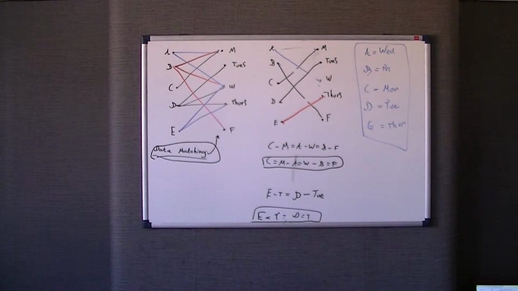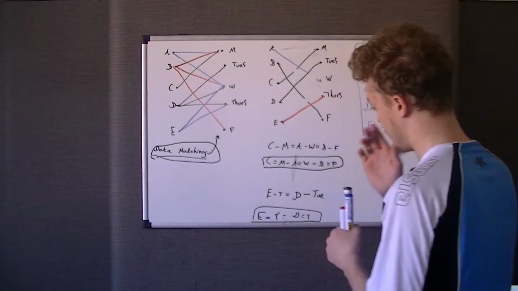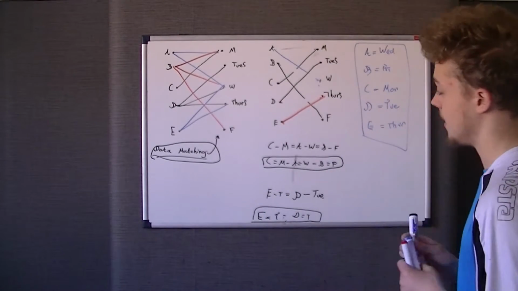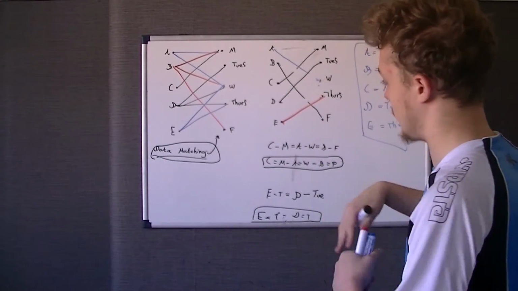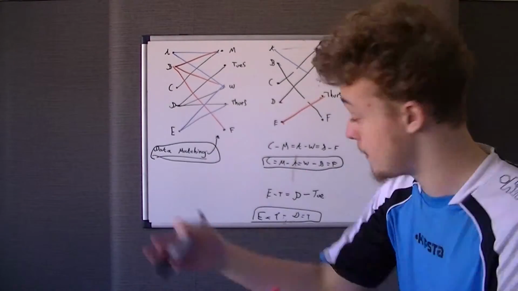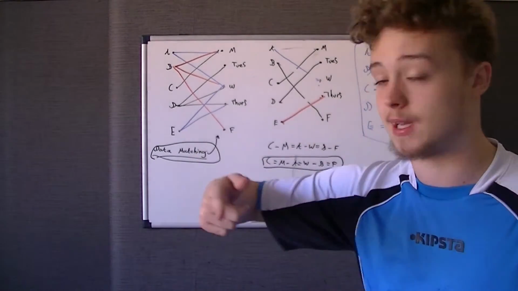B says, obtain an alternative path starting at C and use this to improve the final matching. So basically, we've done 2 steps in this. We did the node for C, and we worked that out, and that followed some principle that repeated itself, because we connected C with Monday, but A was already connected with Monday.